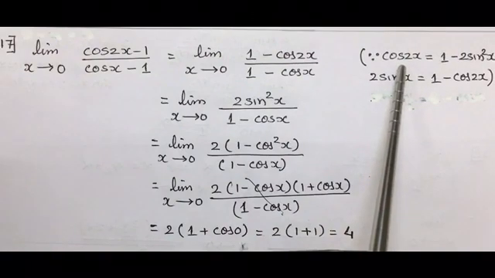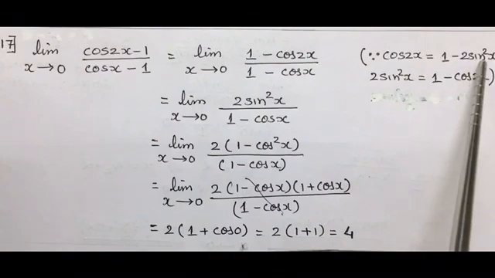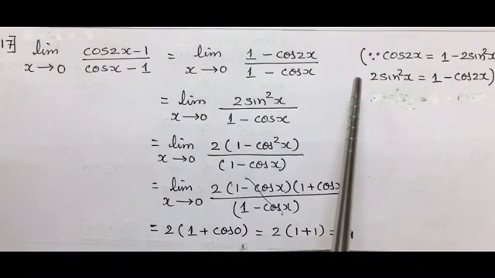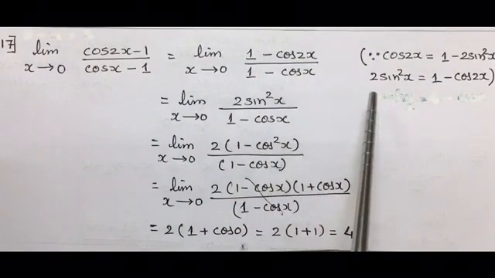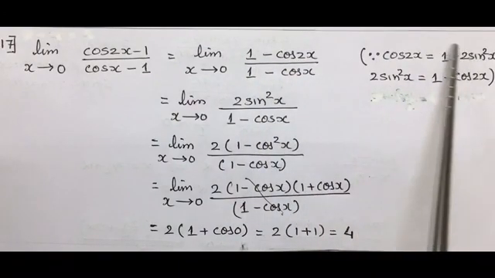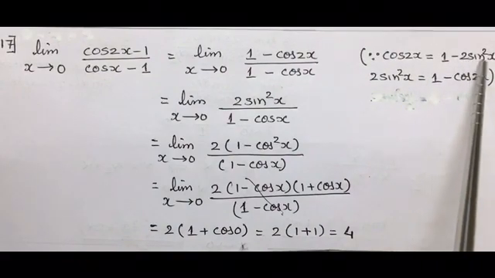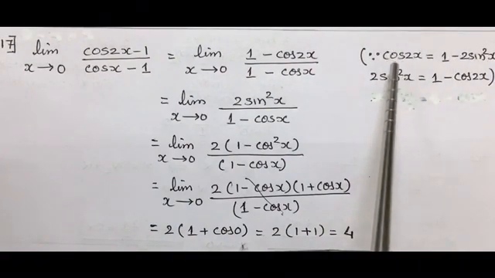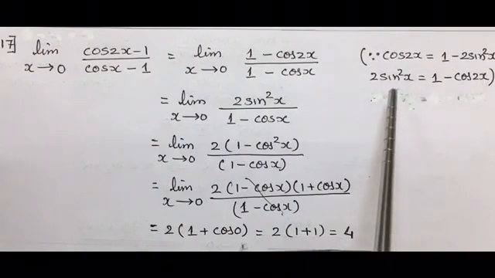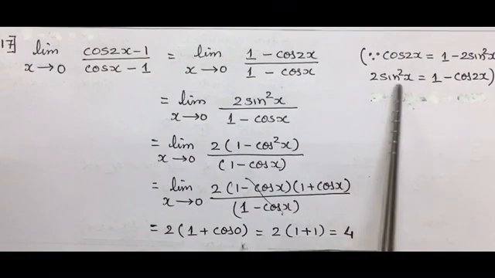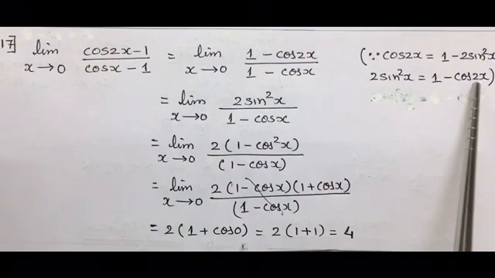Now there was a formula of cos 2x as 1 minus 2 sine square x. But here given is 1 minus cos 2x. So interchanging, that is bringing 2 sine square x the other side and taking cos 2x the other side, we get 2 sine square x is equal to 1 minus cos 2x.